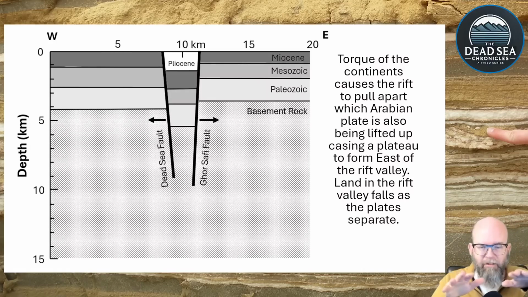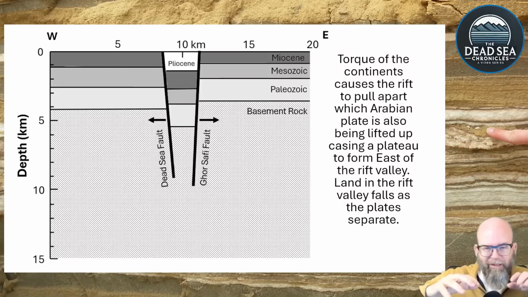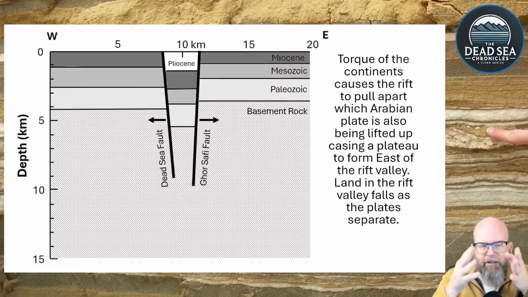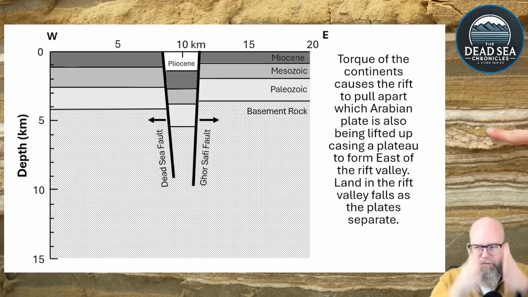And because of the torque of the Arabian plate and the African plate sliding and pulling and twisting, what you have is additional faults that form. Basically they're additional cracks along where the original crack is.